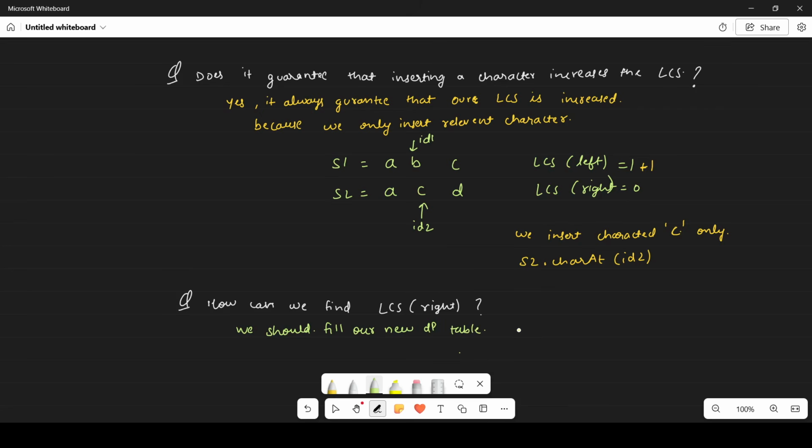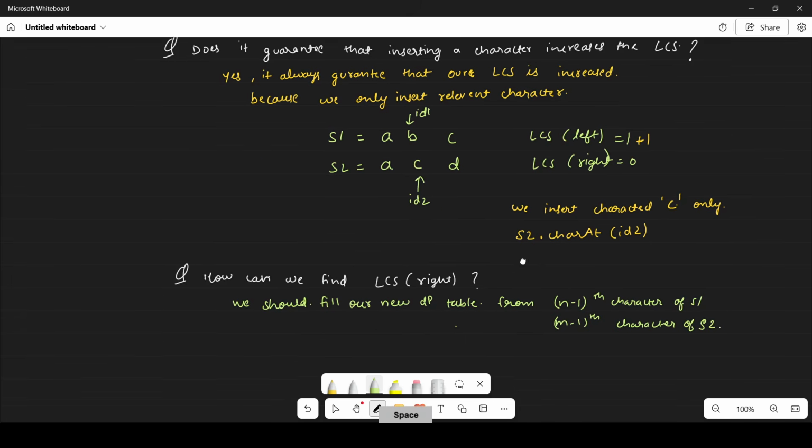We should fill our new DP table from n minus 1 character of S1 and m minus 1 character of S2.